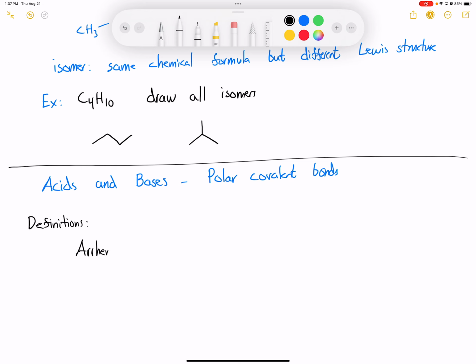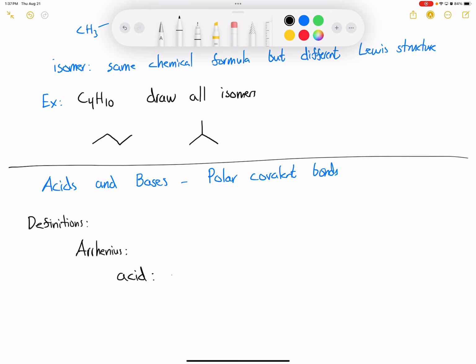So Arrhenius. Does anyone remember what an Arrhenius acid is? If I ask you what an Arrhenius acid is, you'll probably say an acid that increases the concentration of what ion? Hydrogen ion or hydronium, right?